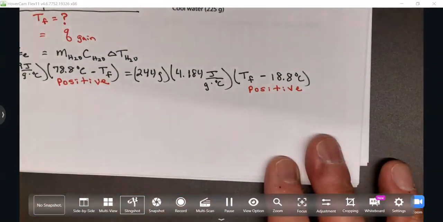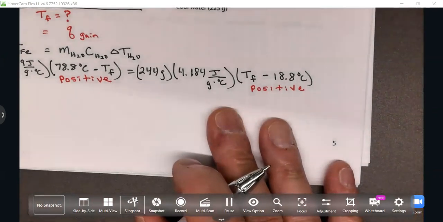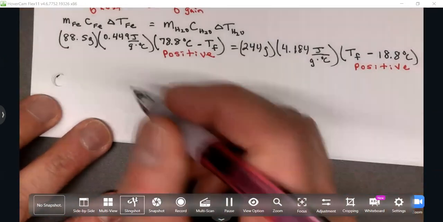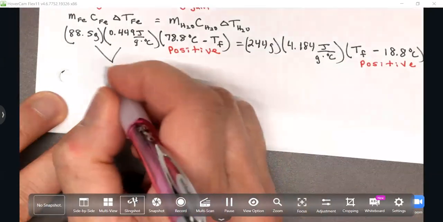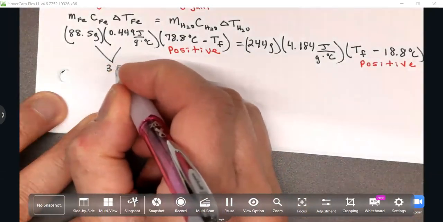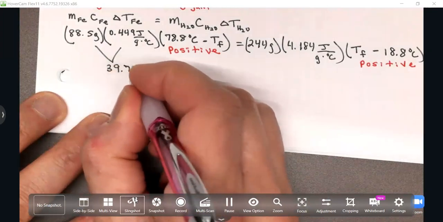Now it's just a matter of cranking it out and factoring out a T final here at the end. So this is going to take some crunching. So let's see what we've got here. Let's multiply these two, and that is going to be 39.73.